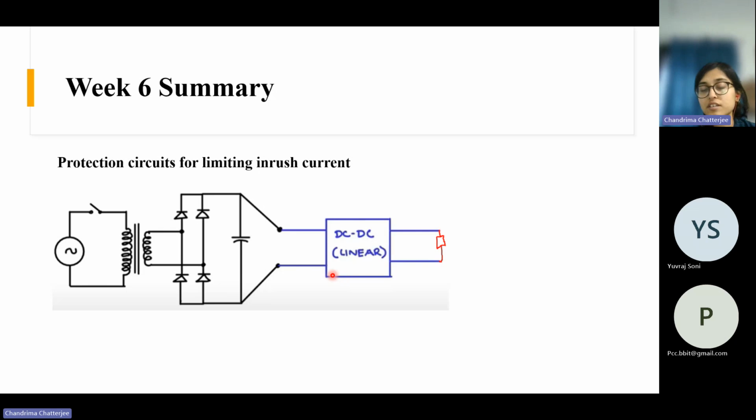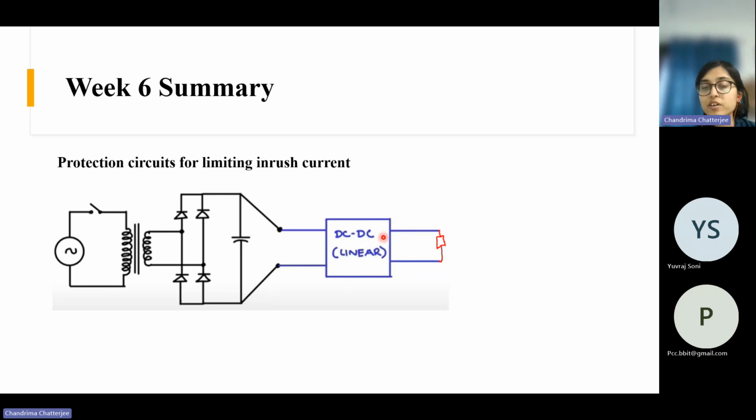It is a very important circuit in power electronics, but it has one drawback. The drawback is that it is not very efficient. There is a huge amount of loss that is incurred in these linear regulators.